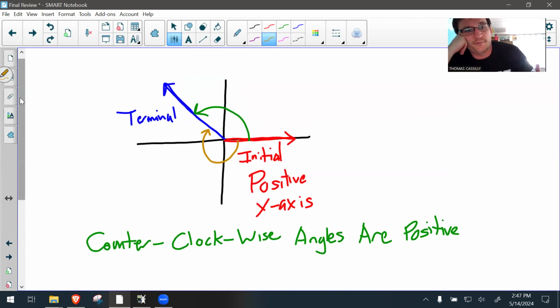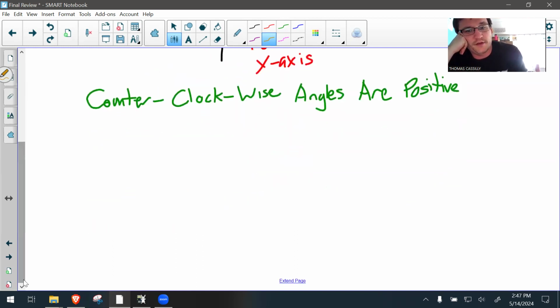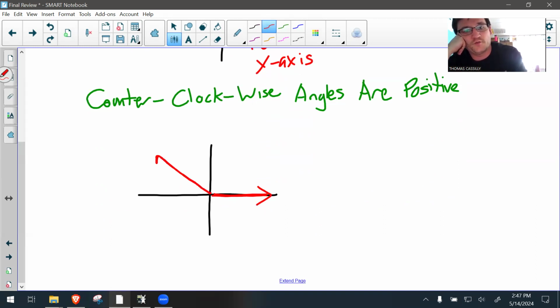So these two angles here, this is what we call coterminal. We'll get into that a little bit later on, but I might as well do it here. If I have this angle in standard position, this is a 120-degree angle, give or take.